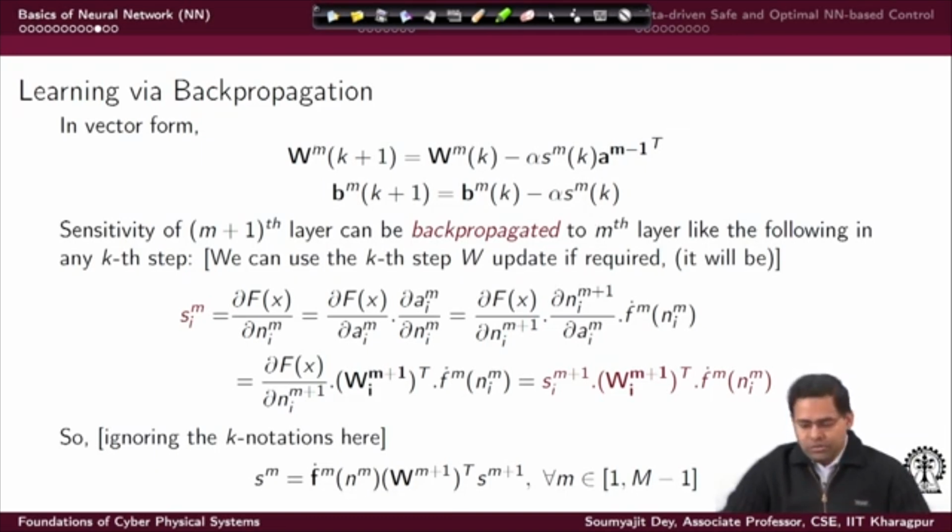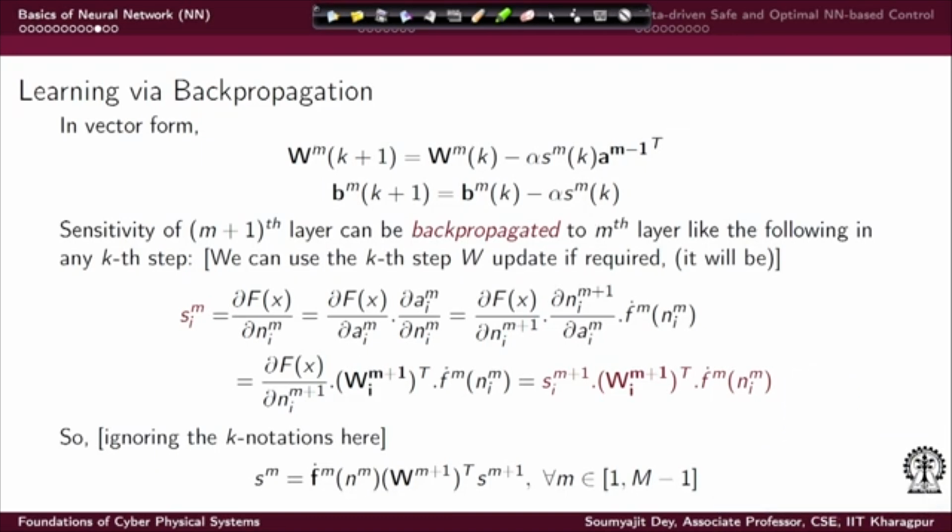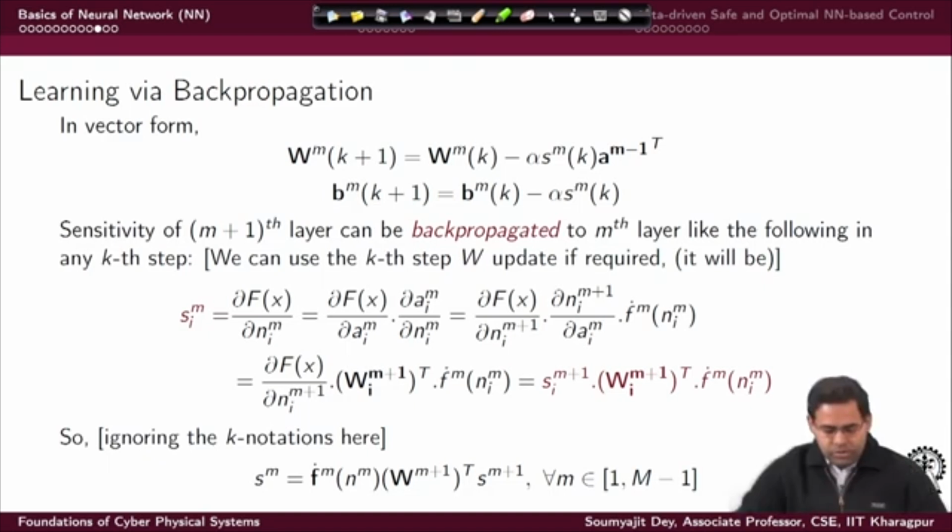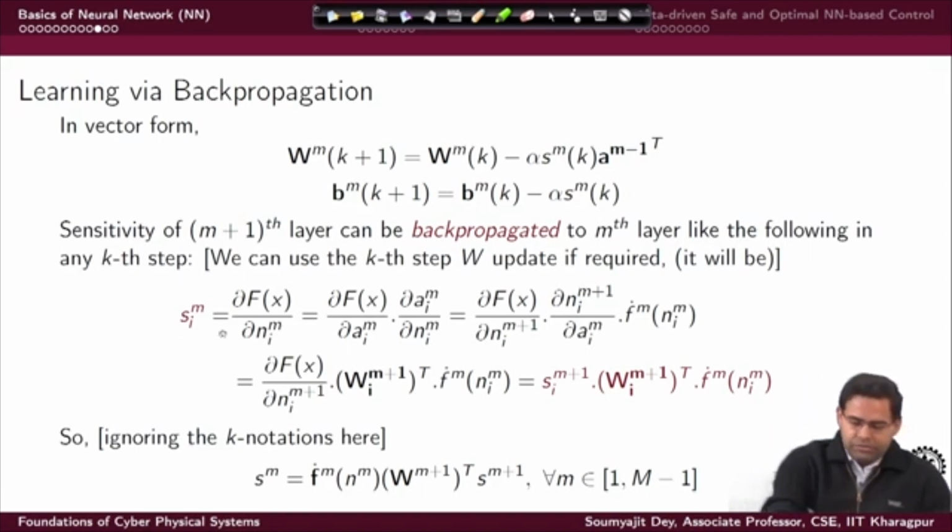With the rules that we have written, we have updates happening on the weights and the B value, but that's not the only thing. The sensitivity value also needs an update. So we should be able to link up the sensitivity value across layers, and let's do that here. Let's see how the sensitivity value can be defined. This was our definition of sensitivity.